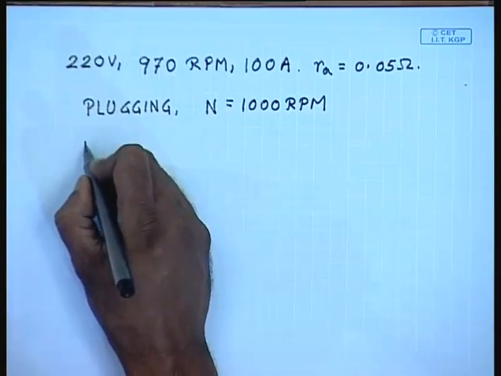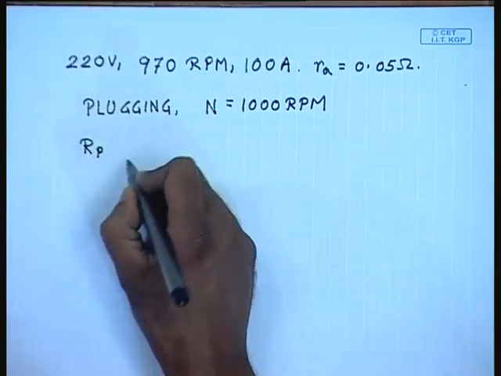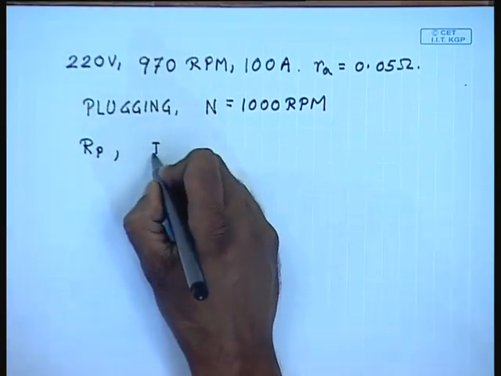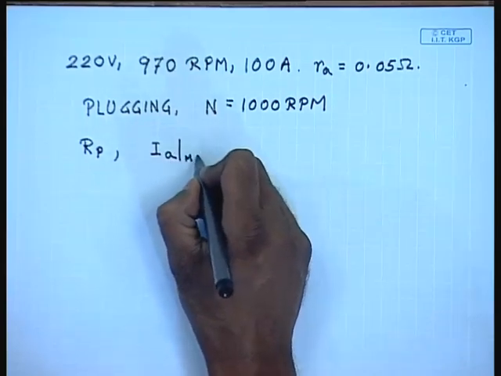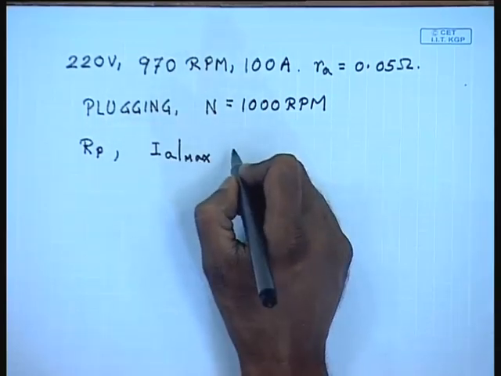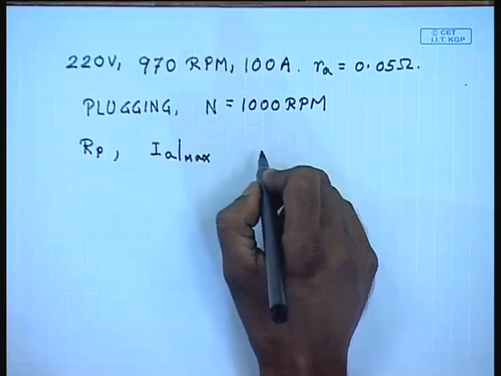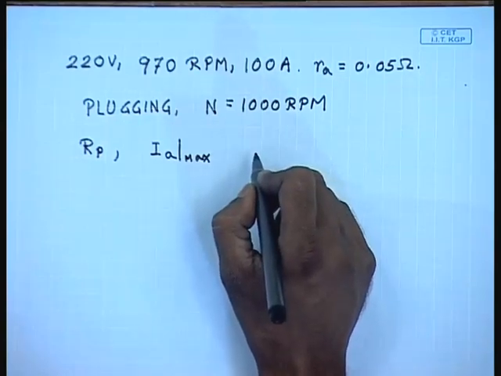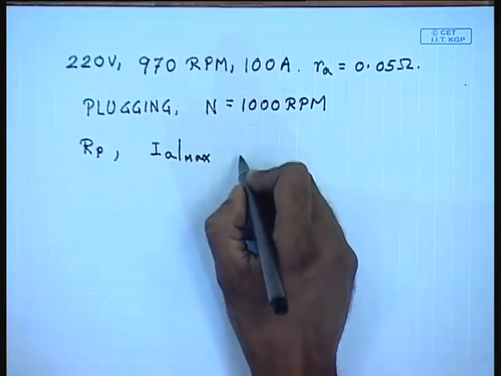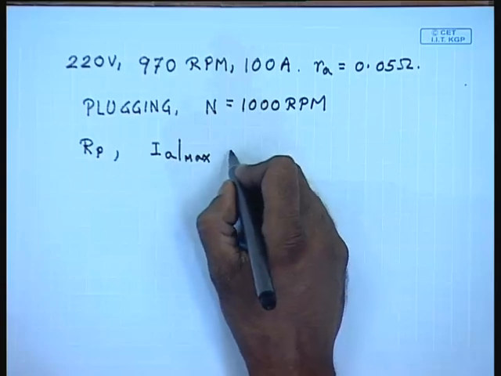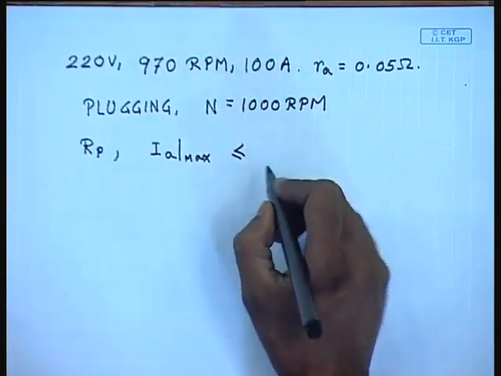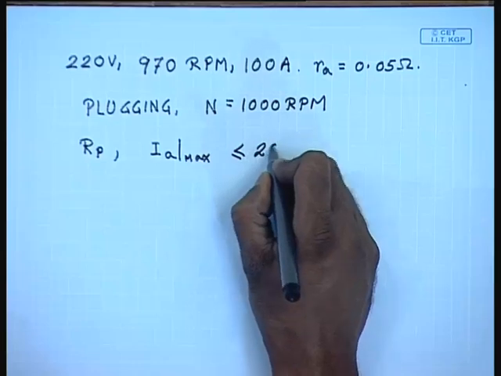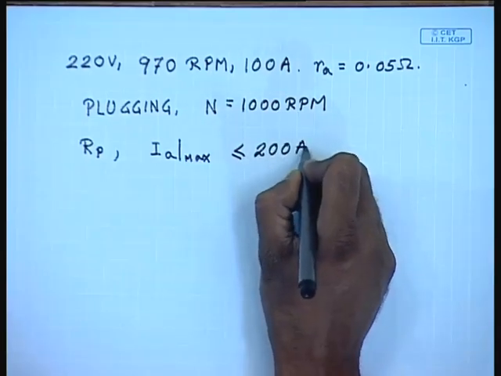So, find out what should be R P so that I A maximum is less than 2 times the rated armature current, hence it is less than 200 amperes.